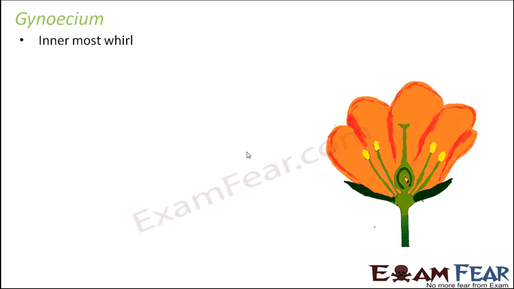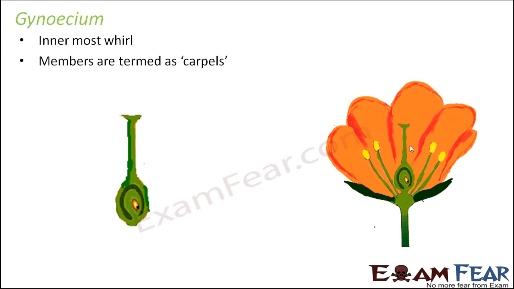Okay, fine. So let us now talk about the fourth whorl, that is gynoecium. This is going to be the innermost whorl. You can see it as the innermost and central whorl of the flower. The members are termed as carpel. If you look at the structure of a carpel in detail, this is how it looks.